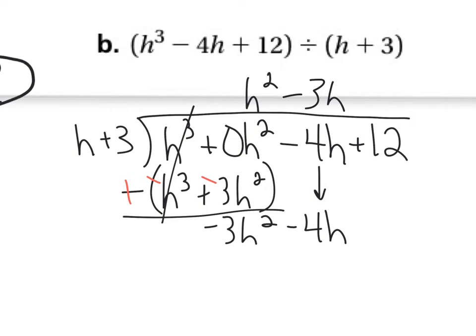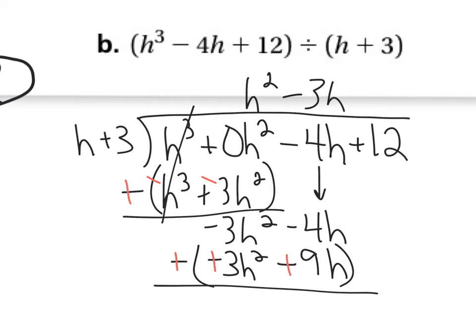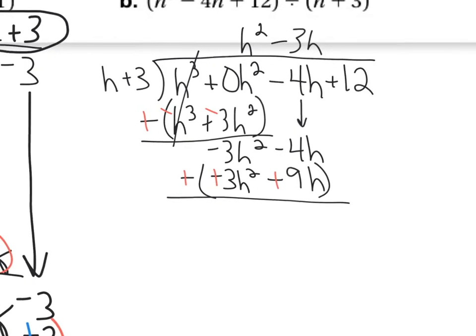Negative 3h. So this would be negative 3h squared minus 9h. And then we're going to need to subtract that. So we can add the opposites there. So that'll leave us with 5h plus 12.